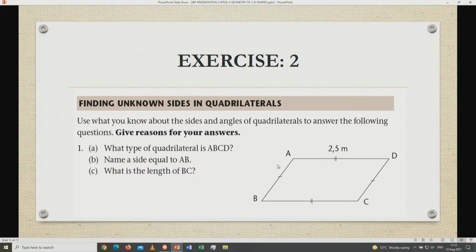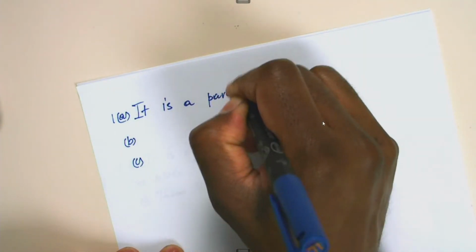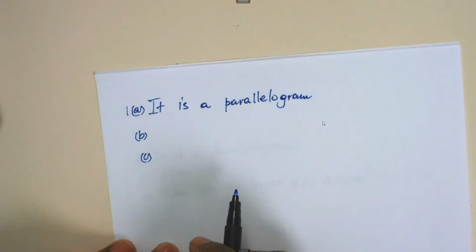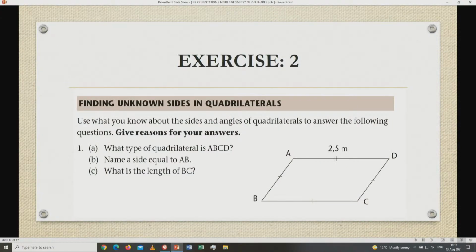So the most important part there is, which properties classify this quadrilateral? Yes, you are very correct there. It is a parallelogram. Let's look at it again. Yes, it is a parallelogram. Why?